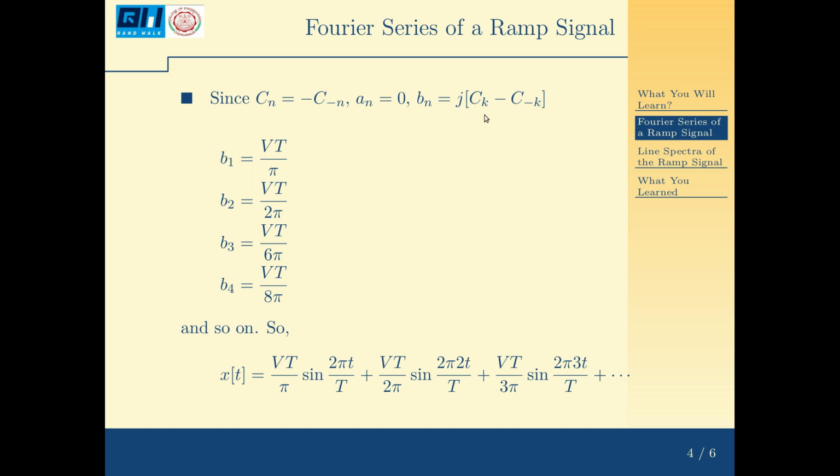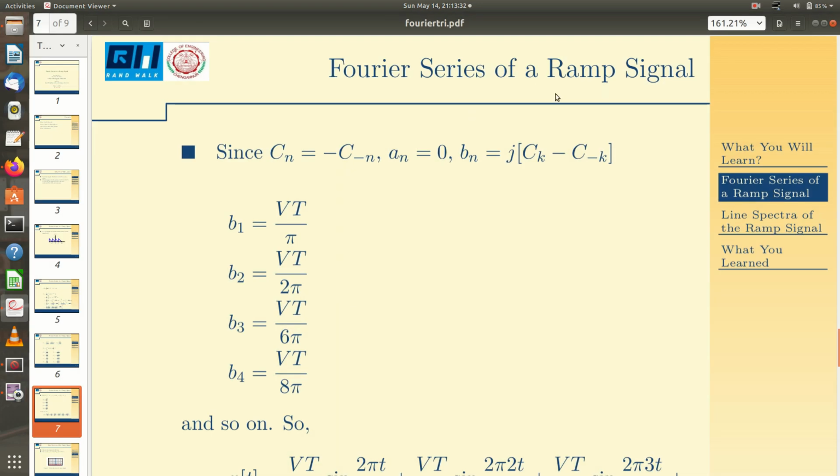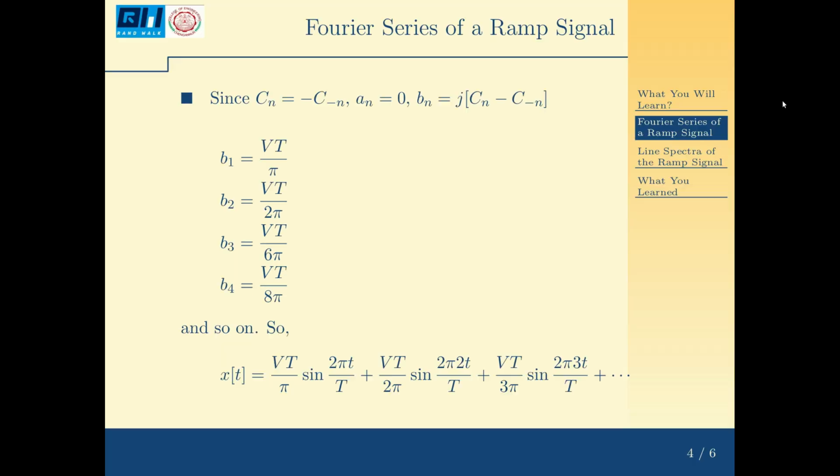Then Bn is equal to j times Cn minus C minus n.